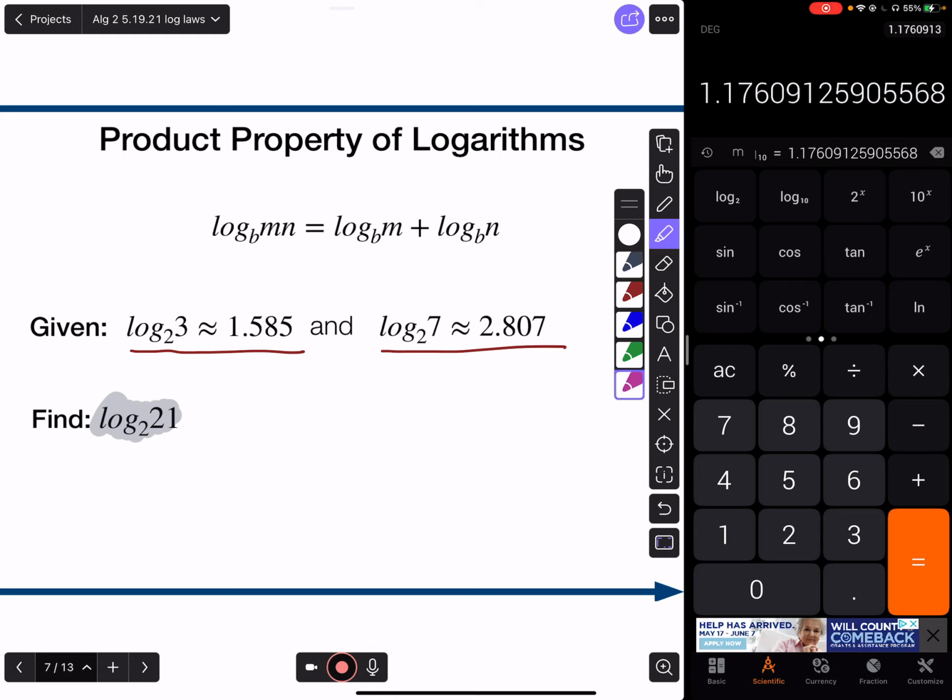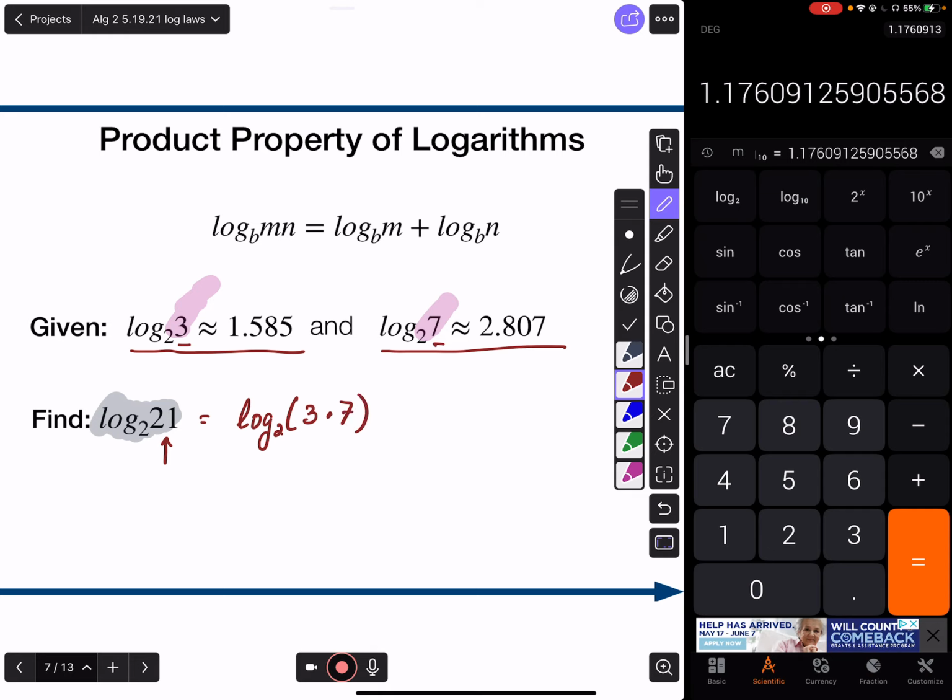Here's the game we play. I know what log 3 is, and I know what log 7 is. So if I could rewrite this 21 as a combination of 3's and 7's, then I would be able to figure this logarithm out. I'm going to think of this as log base 2 of 3 times 7.